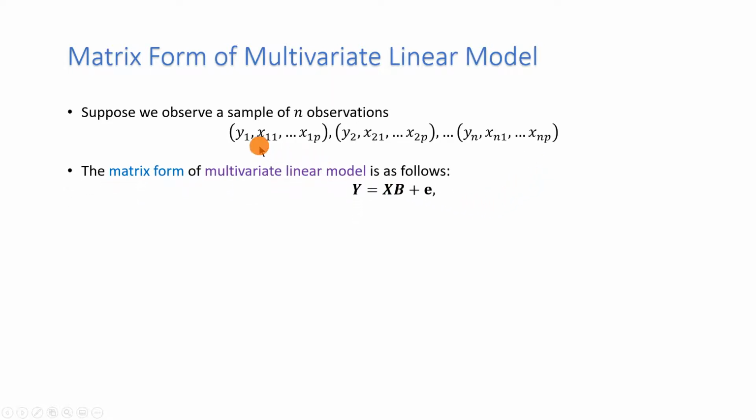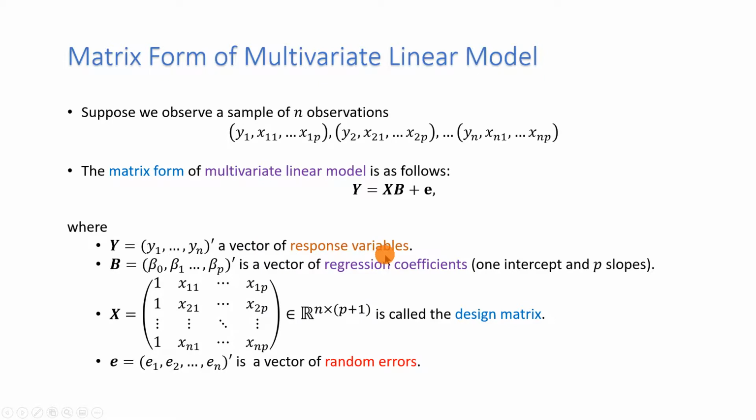And instead of writing that in terms of p plus 1 numbers, we can write the multivariate linear model in the following very simple matrix form, right? So this boldface y indicates a vector of response variables, which is just a column vector of y1, y2 until yn, right? You notice there is a transpose sign here, which indicates this is actually a column vector. So it's actually an n times 1 column vector, and we write this boldface y to indicate it's the vector of y1 to yn.